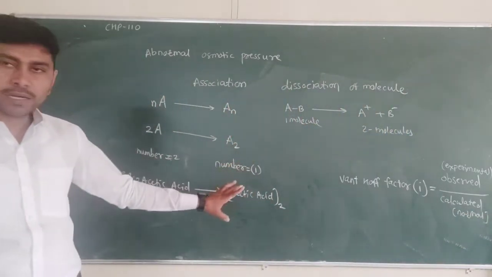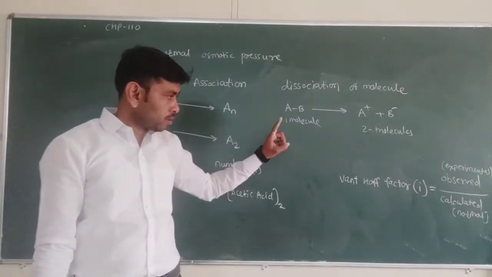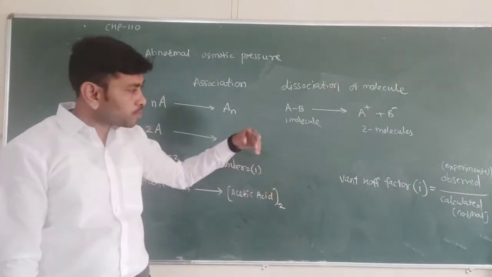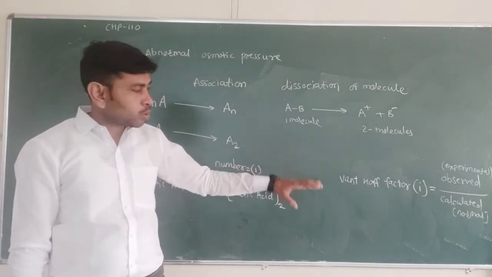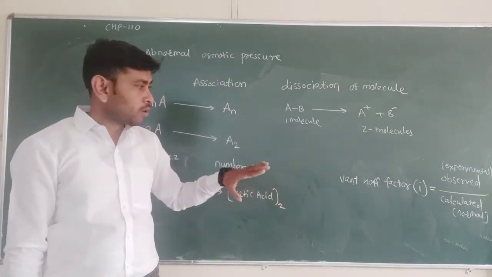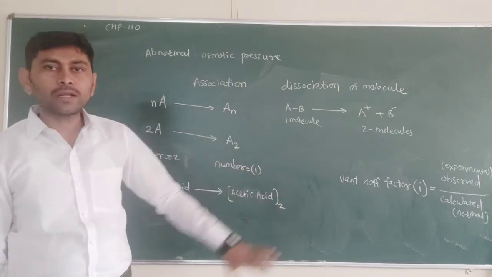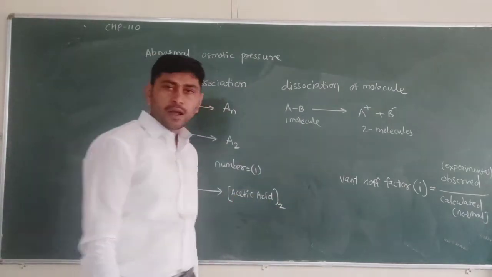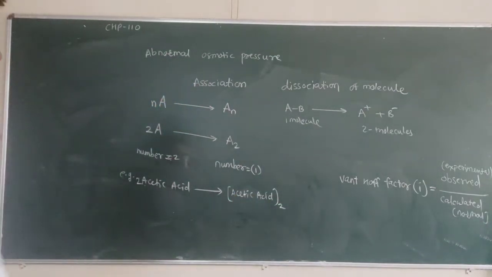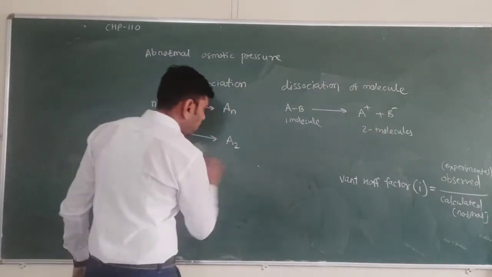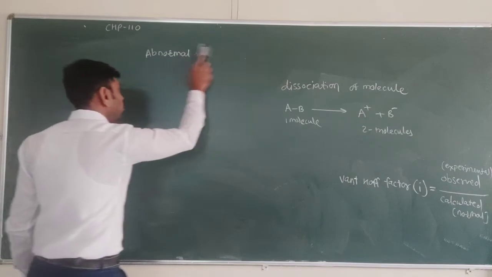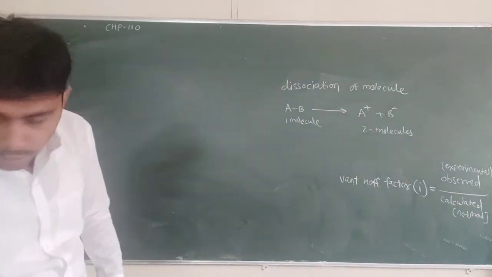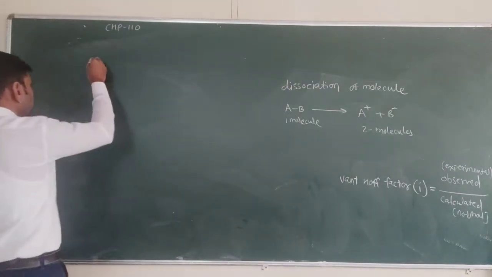So the Van 't Hoff factor is the ratio of the observed or experimental colligative property to the calculated or theoretical or normal colligative property. This Van 't Hoff factor i is important to find out the actual colligative property.